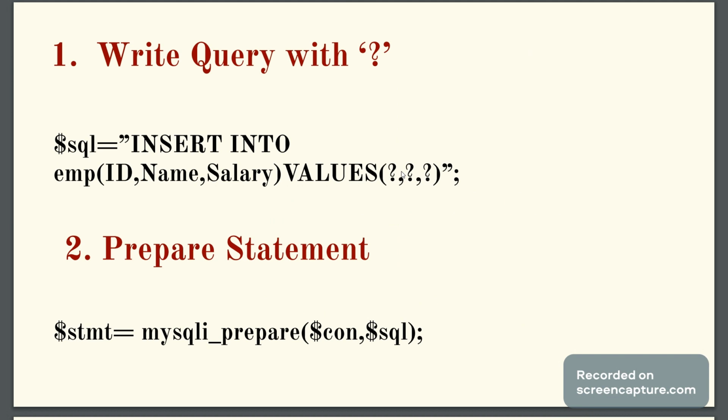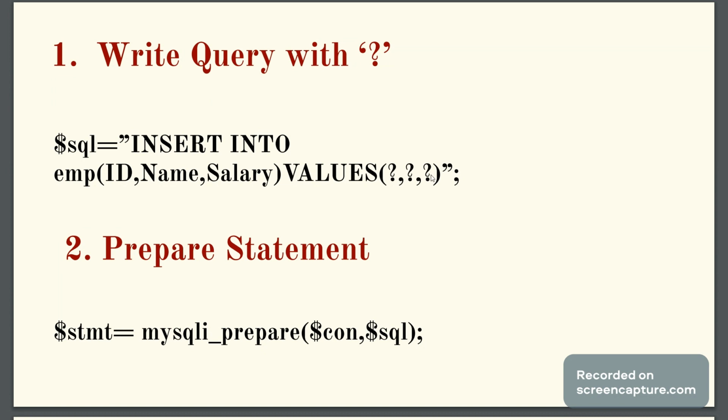If you want to insert 100 records, obviously the ID, name and salary will be different for 100 employees. So those values are changing. While writing a query in the prepared statement way, in the query itself, we have to mention the changing values with a question mark.